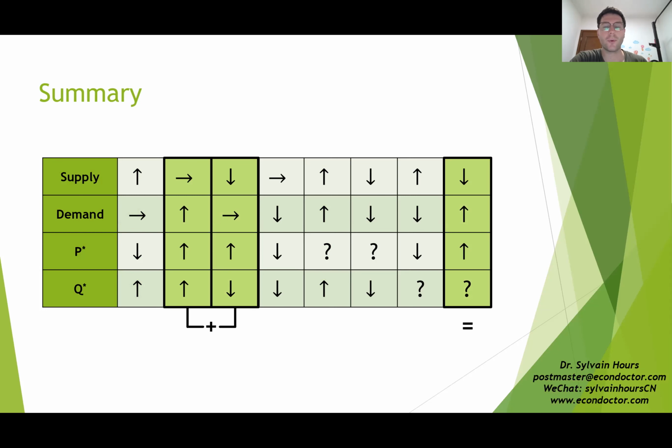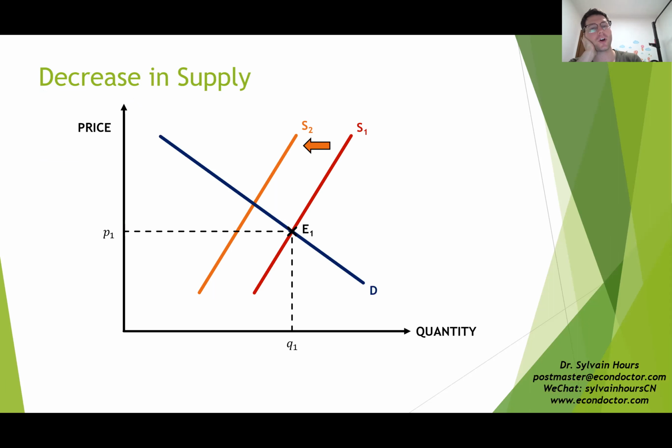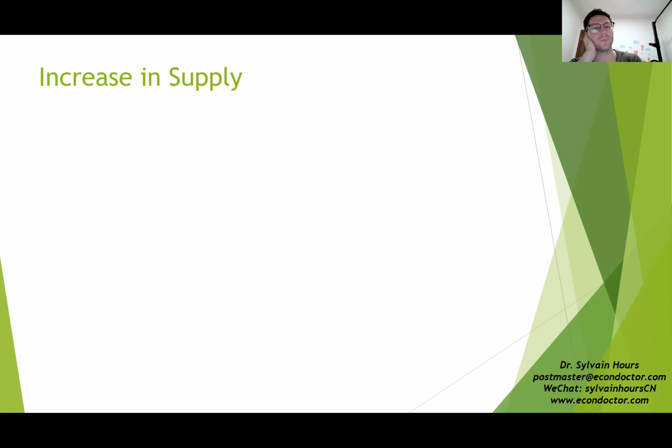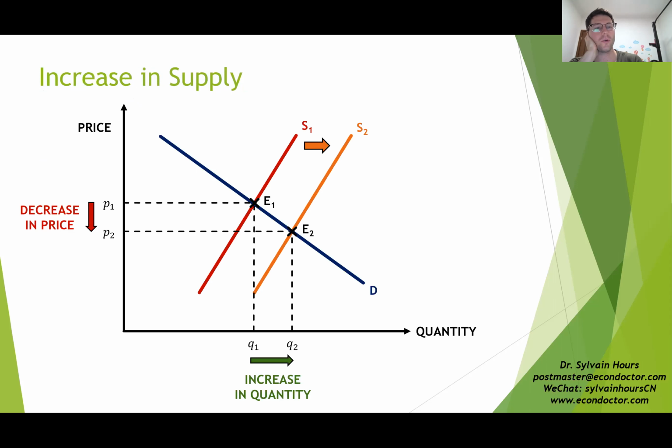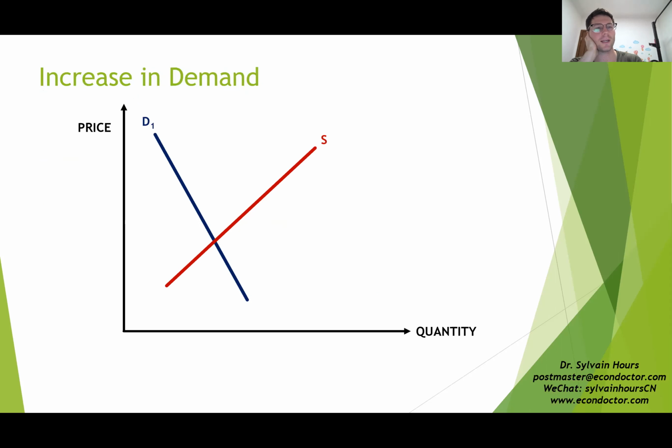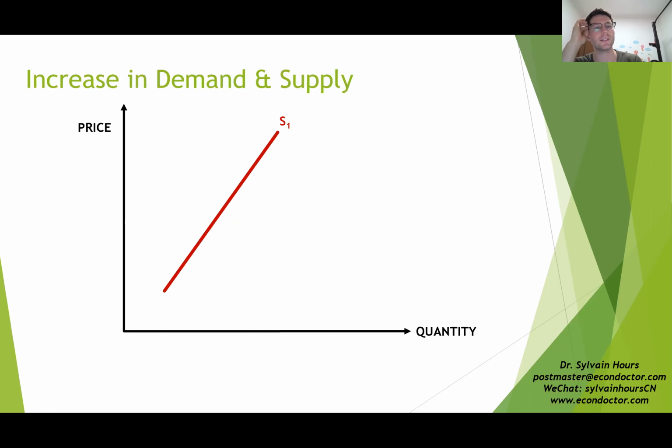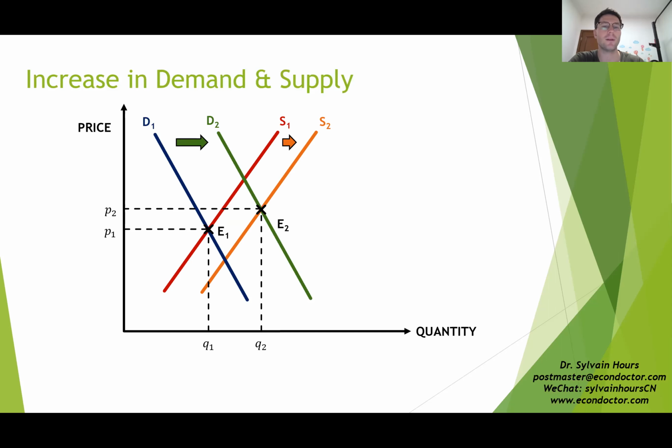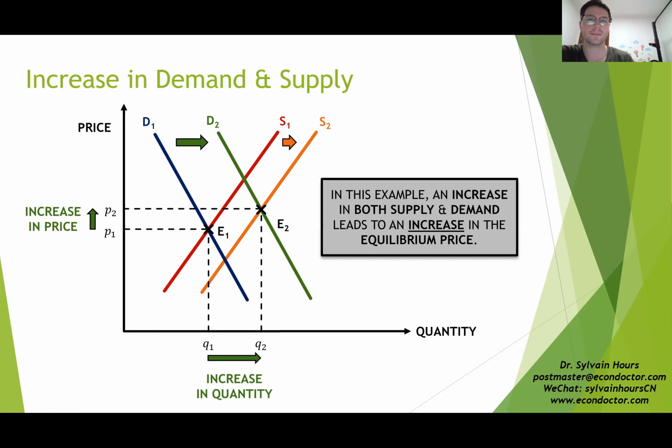So the rest of the PPT is essentially a series of diagrams that consider all possible cases. Yes, it took a long time. So I'm not going to talk about all this because it's super easy, right? But I have considered all the possible cases: increase in supply, decrease in supply, increase in demand, decrease in demand, and so on.